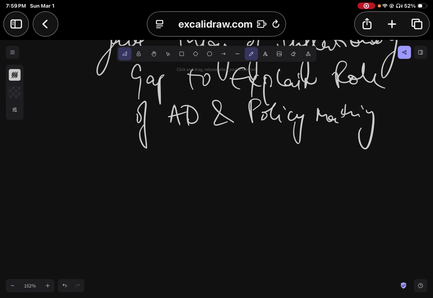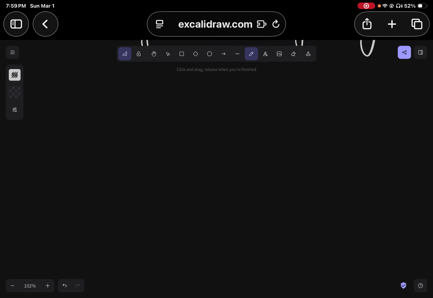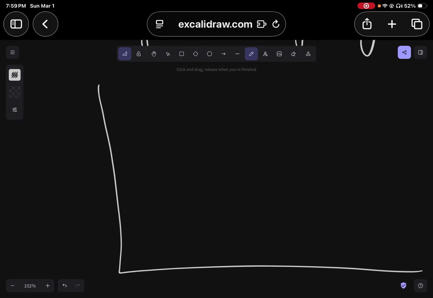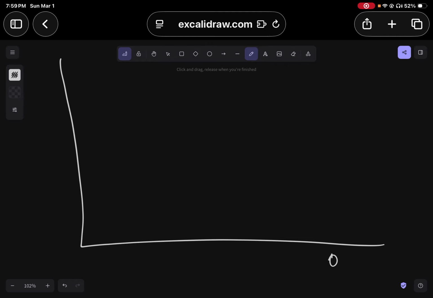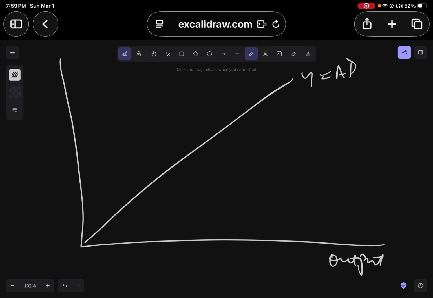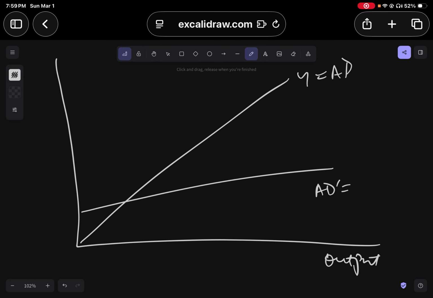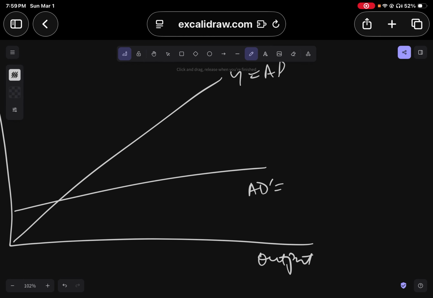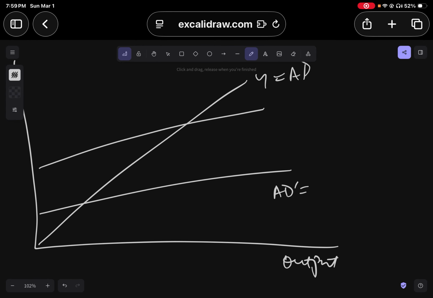So this is output, this is Y equals AD. Then we have AD bar and AD.